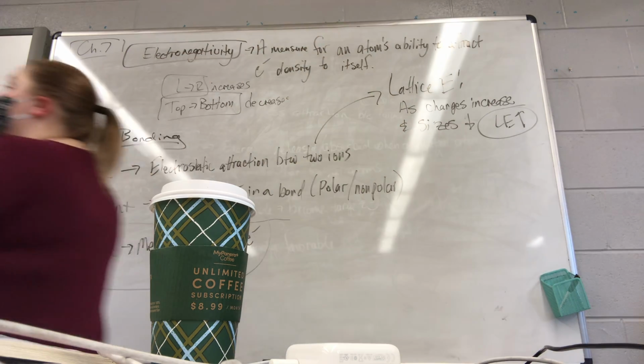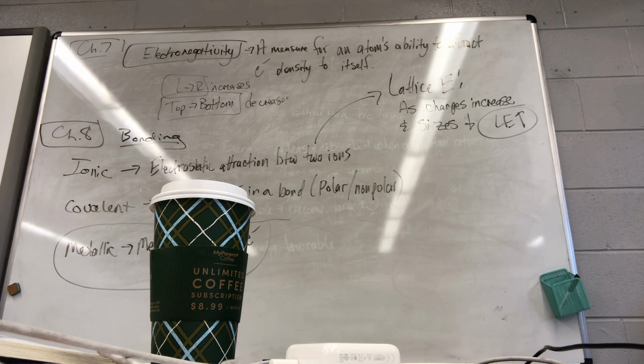So, the larger the charges are, positive 2s, negative 2s are going to be stronger than positive 1s, negative 1s. The stronger the lattice energy is going to be because the stronger the attraction is going to be between something that has double the charge. The smaller the ions are, so if you have really small ions, say a negative 1 charge and a positive 3 charge, you're going to have pretty small ions. Those things are going to be more attracted because they can get closer together.